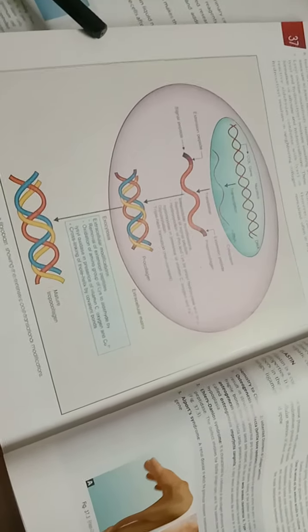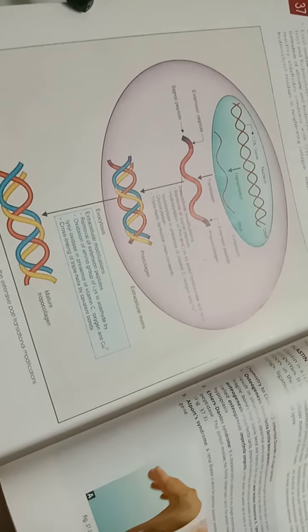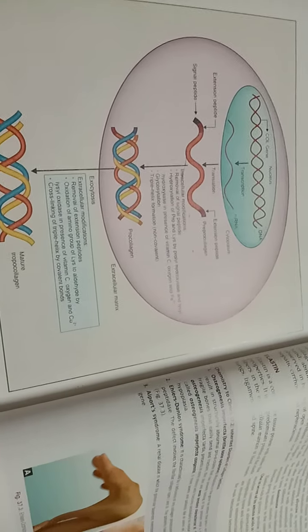Now pro-collagen leaves through the exocytosis process. What do we mean by exocytosis? Exo means outside, and cytosis is taken from the cell. So if anything is released out of the cell, then it is referred to as exocytosis.